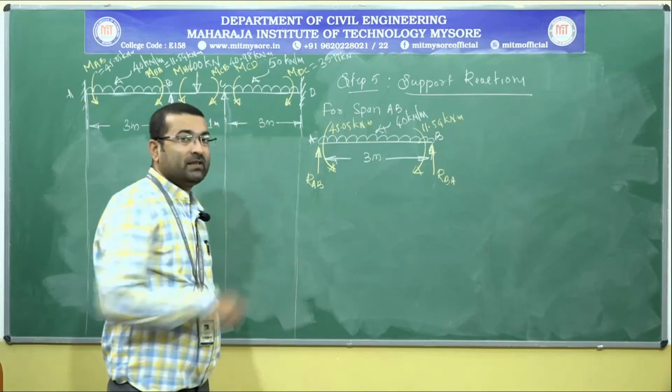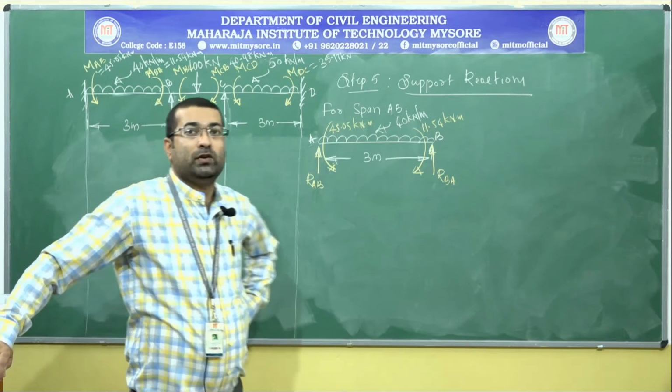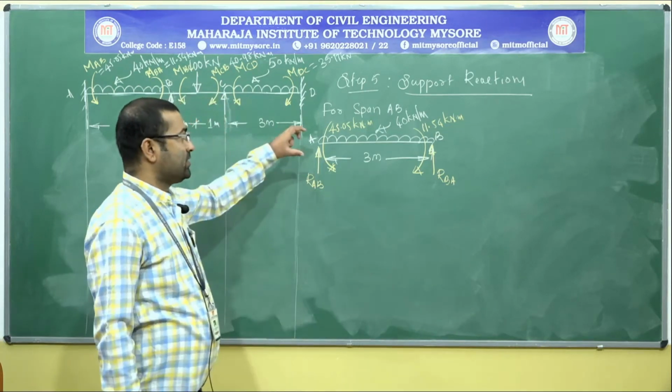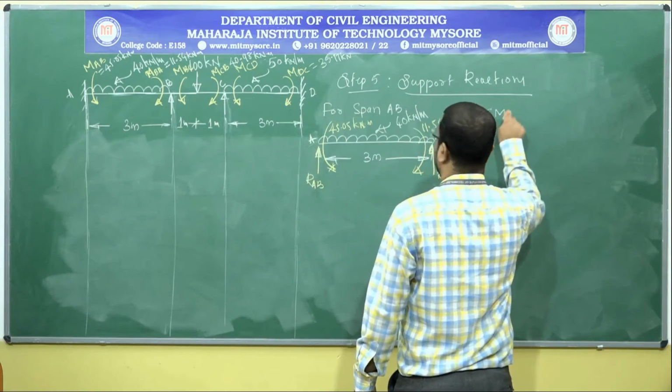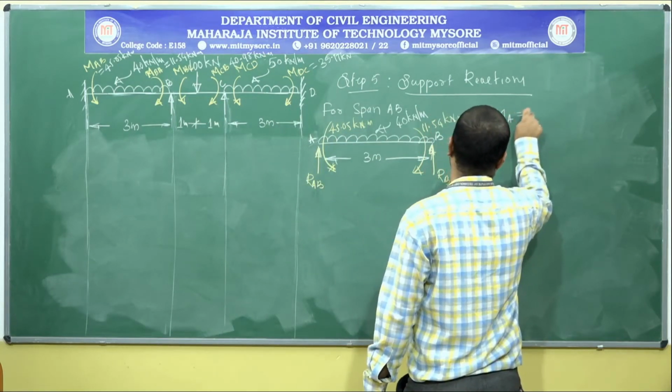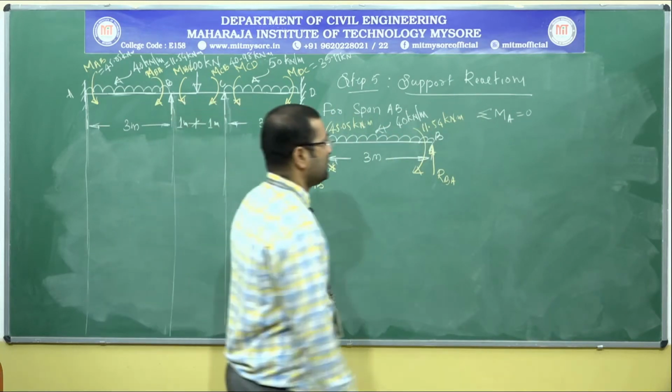So to determine the reactions at A and B, that is RAB and RBA, I need to impose the equilibrium conditions. So here let me impose the moment condition at A, that is the algebraic sum of moments due to all the forces about A must be equal to 0.